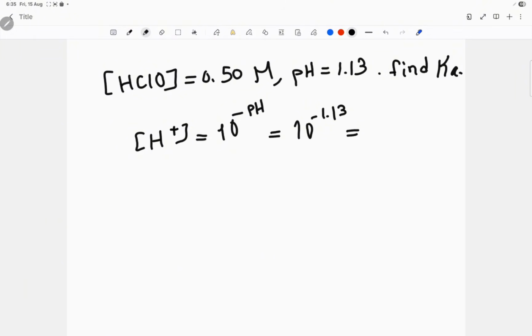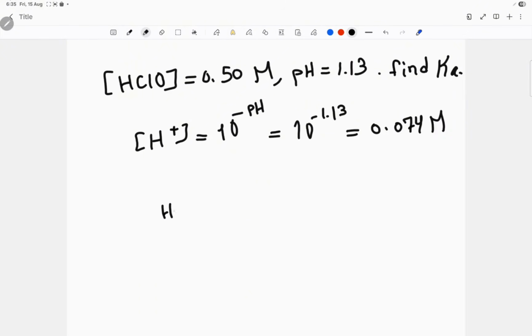So 0.074 molar. That's how you start this question. They give you the pH, find the H plus using this method. Now you're ready to build your ICE table.